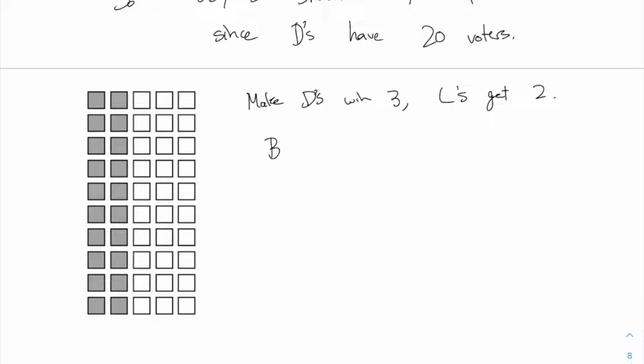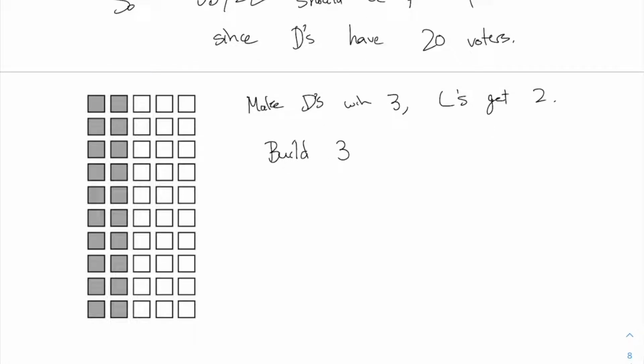So I try to build 3 districts where the D's just barely win. I say just barely because they don't have a lot of voters to spare, right? They need 18. There's 2 left over, so you can't put more than is necessary into these districts. Just barely. Build 3 districts where the D's just barely win.